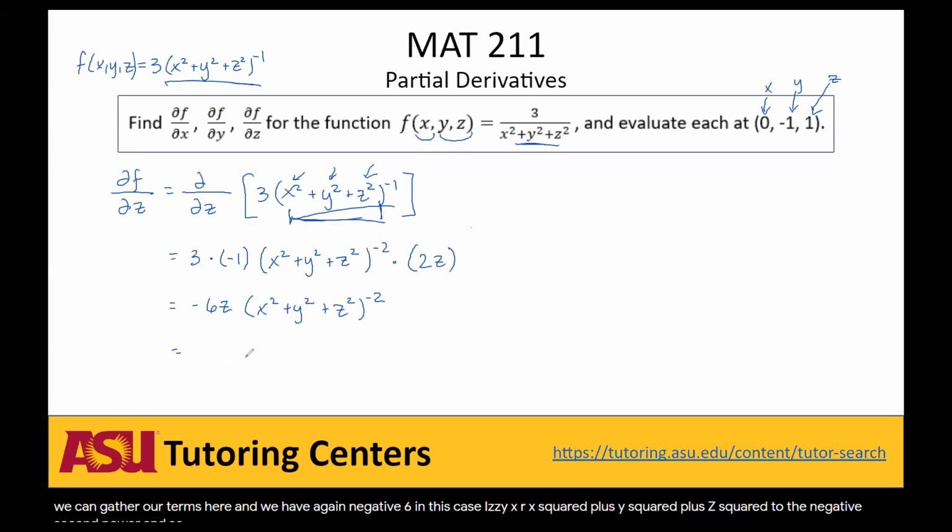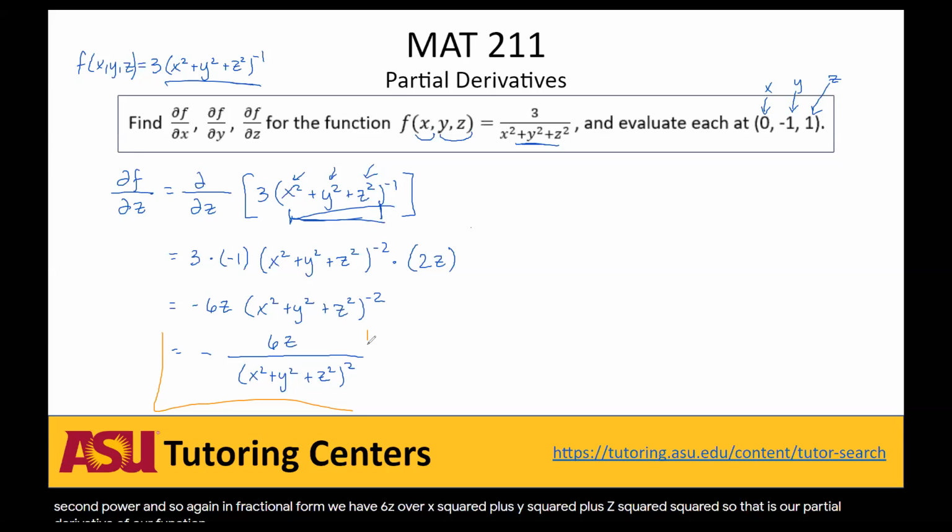And so, again, in fractional form, we have 6z over x squared plus y squared plus z squared squared. So that is our partial derivative of our function f with respect to z. All right. And lastly, we just need to evaluate this at our point. It's going to be the same process as before.